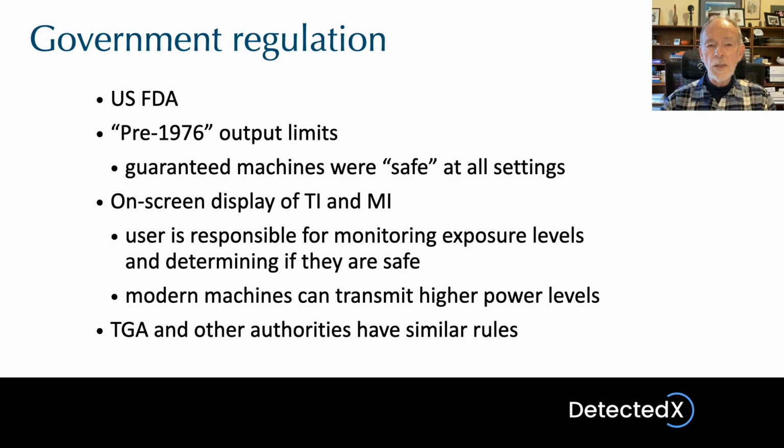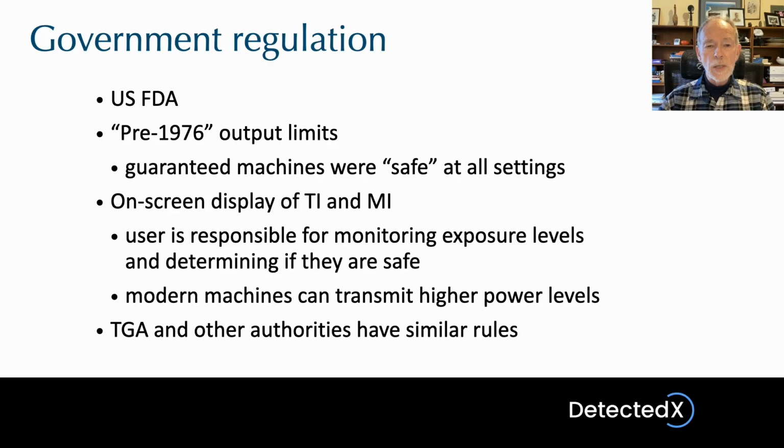So the TI tells you what the expected maximum temperature rise in the patient's tissues will be, and the MI tells you whether or not it is likely that there could be cavitation. And the reason for these being displayed is that it is now, under the new regulations, the user's responsibility to monitor the exposure levels and determine if they're safe.